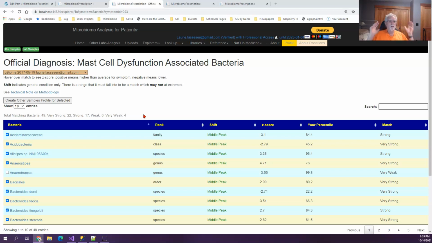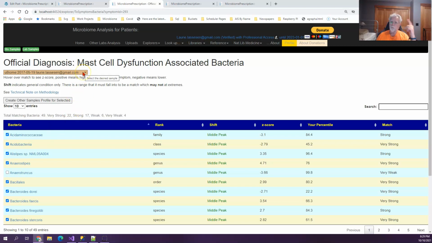In other words, this person with mast cell issues, we have a statistical match for every single predicted or discovered bacteria. Anything which is strong or very strong is automatically checked here. Things which are weak or very weak are skipped. That's an arbitrary choice. You can include or exclude to your heart's content.